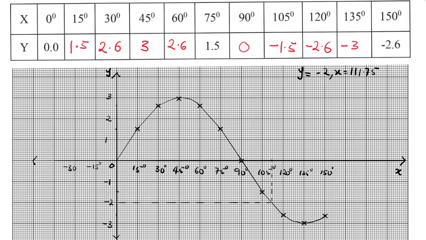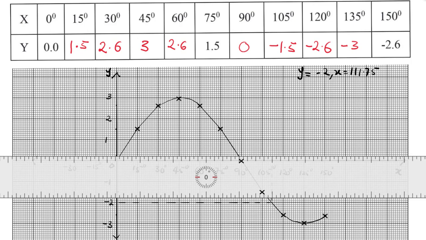We know that each small box on the y-axis is 0.1. So 0.25 will have to count 2 boxes, that's 0.2 and a half of that. So it's going to be here, at the center between these boxes.